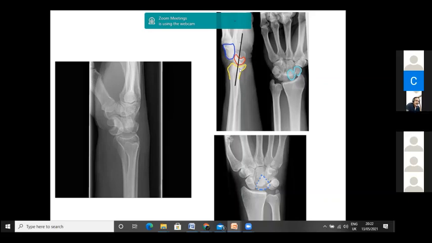Perilunate. Very good. So what are the two signs you can expect in a lunate dislocation, Sheena? Tilted cup sign and pie sign. Very good. But in a perilunate dislocation, you can't see these two.